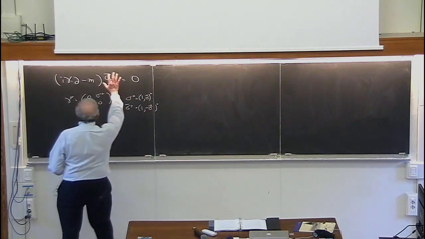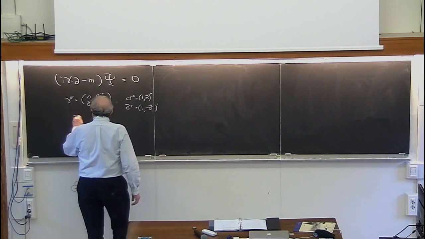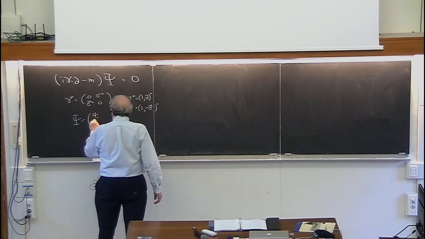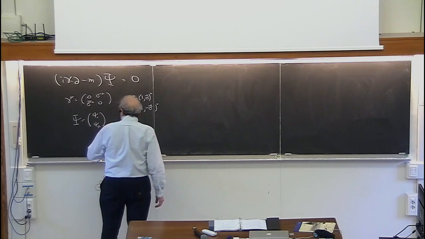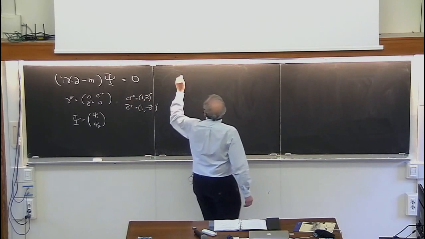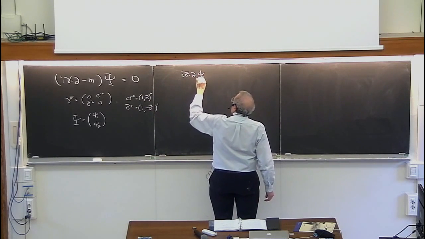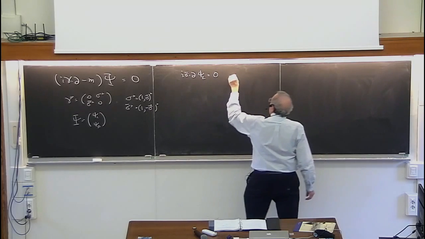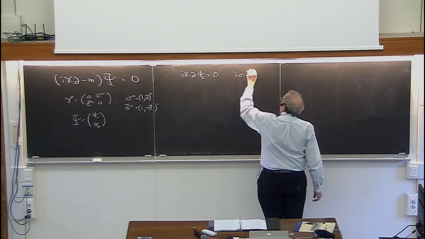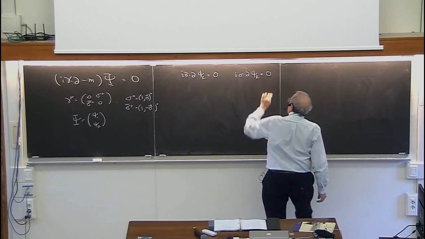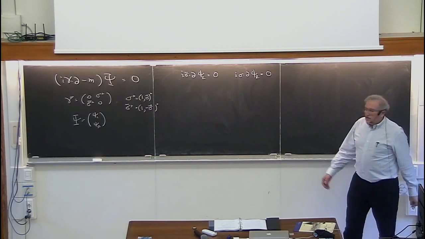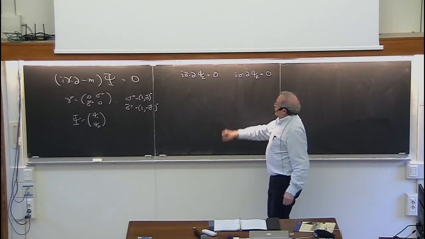Then this equation, as you all, I hope, know, splits into 2-component equations called the Weyl equations. Those are i sigma bar dot d psi left equals 0, and i sigma dot d psi right equals 0. These equations are not really independent of each other.